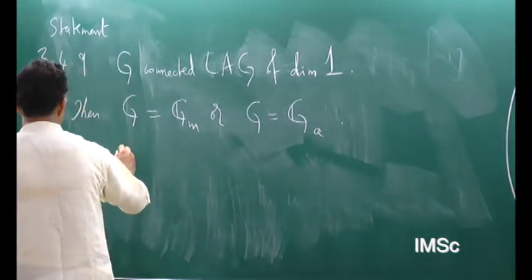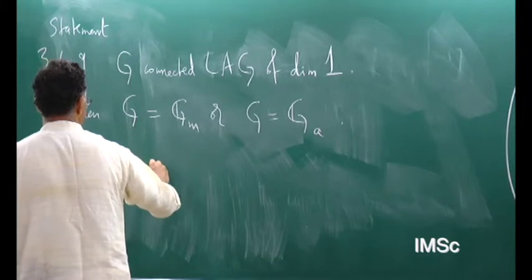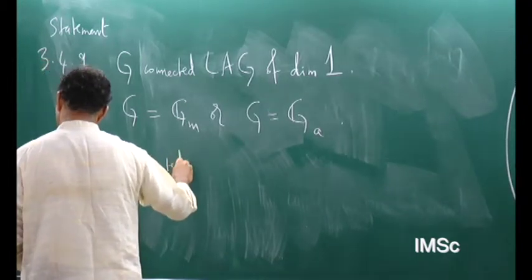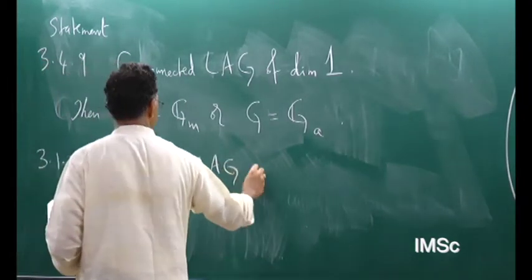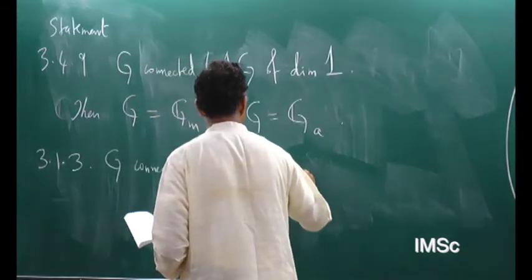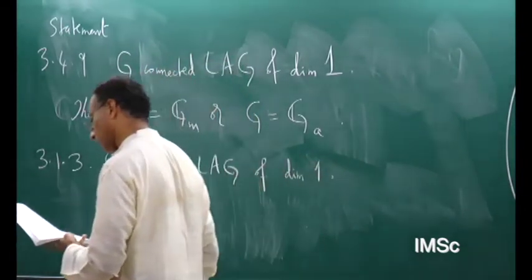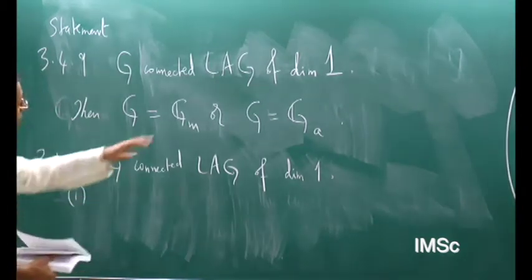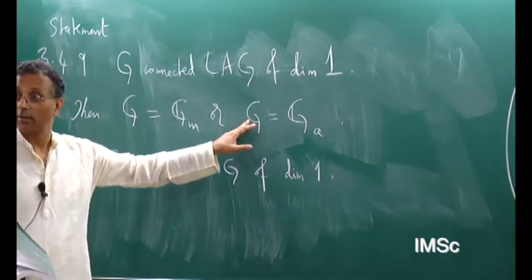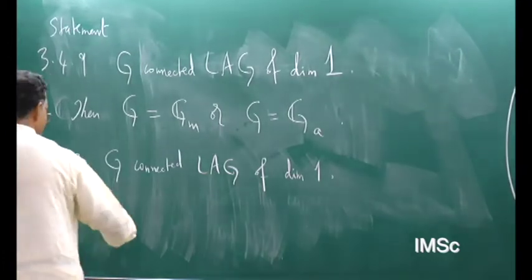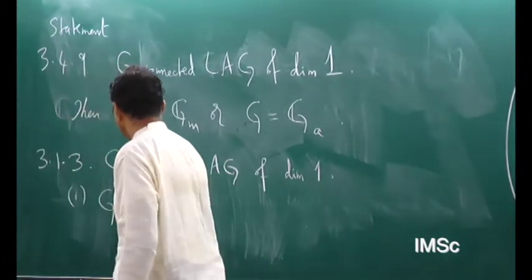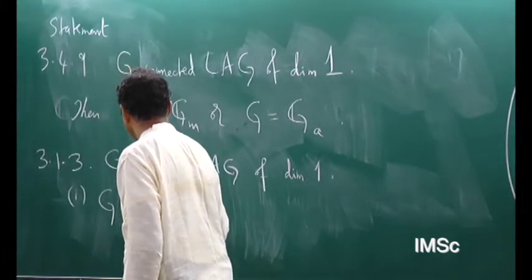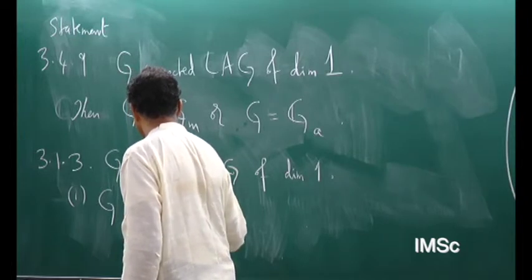So G is a connected linear algebraic group of dimension 1. Then, 1: both of these are commutative. You must be able to show that it is commutative in the first place, which we did.